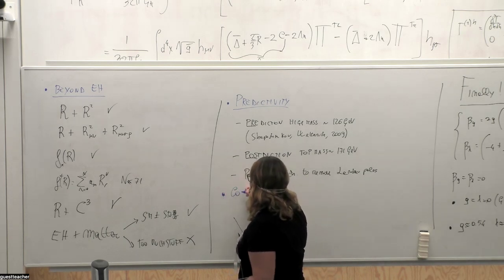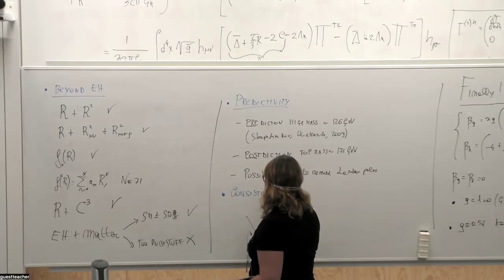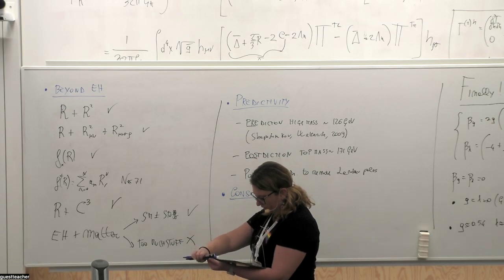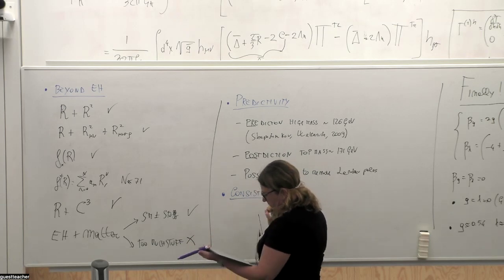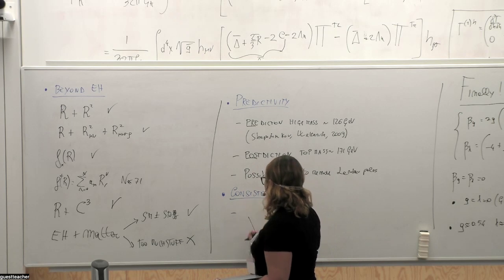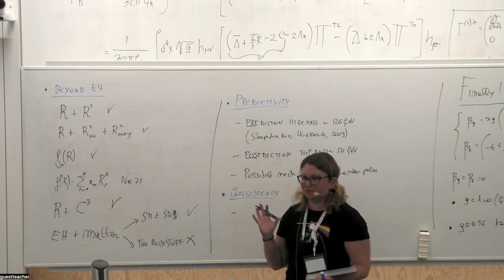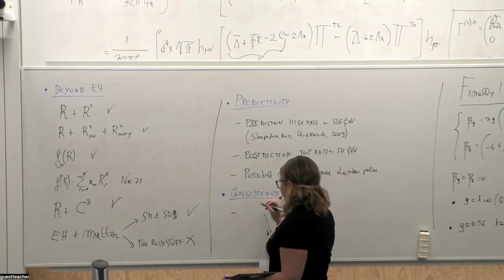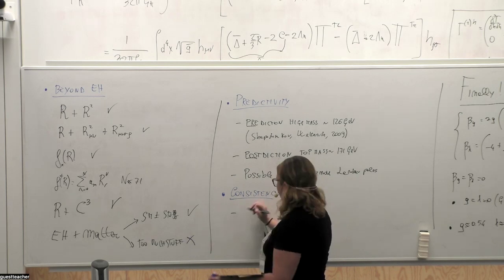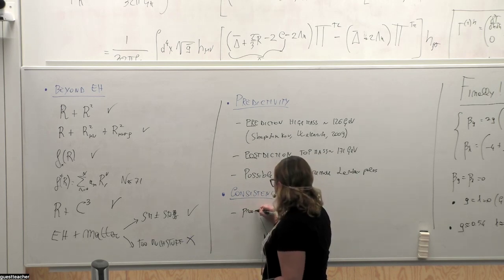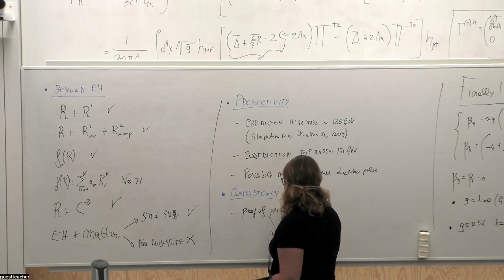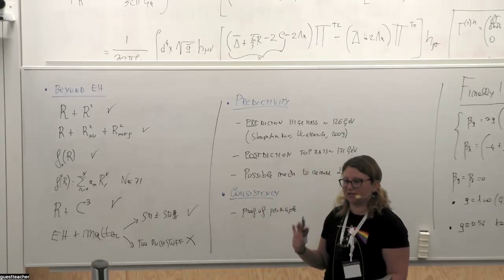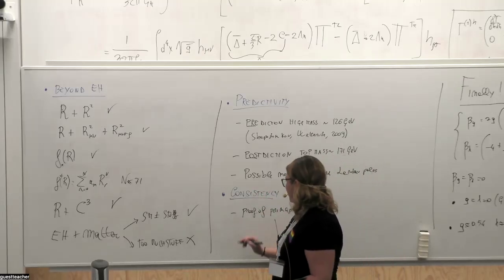And in terms of consistency, well, there is still obviously a lot to do, but especially recently, some progress has been made, to start testing whether asymptotic safety can be unitary. And there are works providing proofs of principle that asymptotically safe amplitudes can respect the positivity bounds.